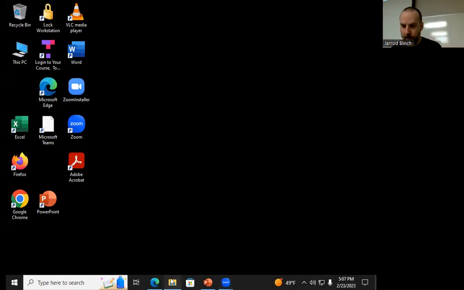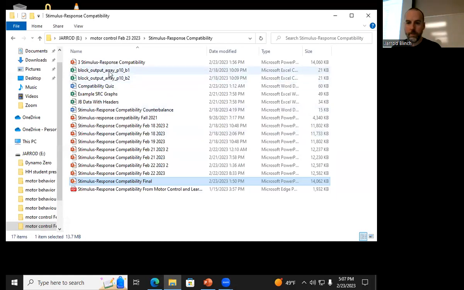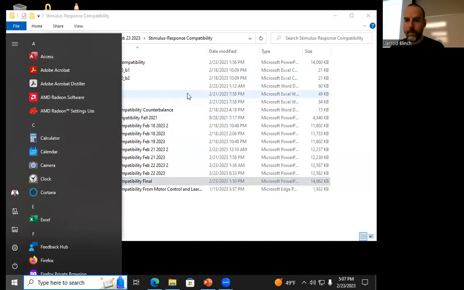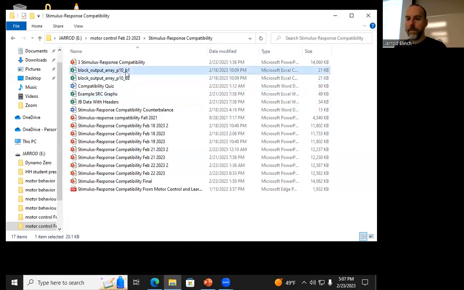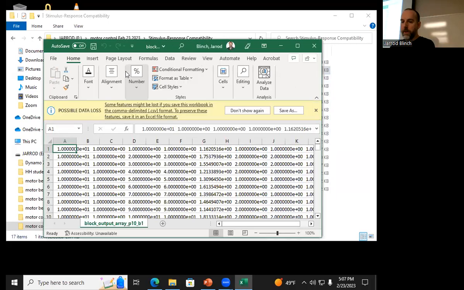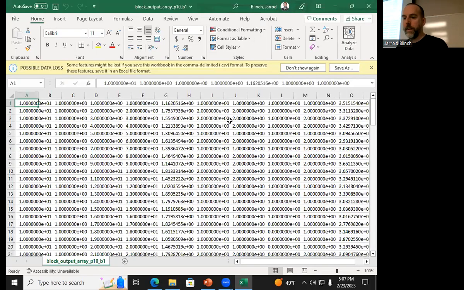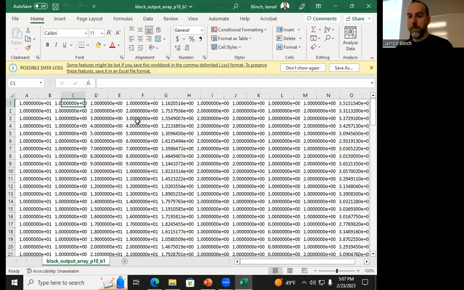All right, let's look at the data I collected. First of all, if you try to open these CSV files by double clicking them, unfortunately Excel doesn't open them properly. You can see there are some values, but they're not in different cells.